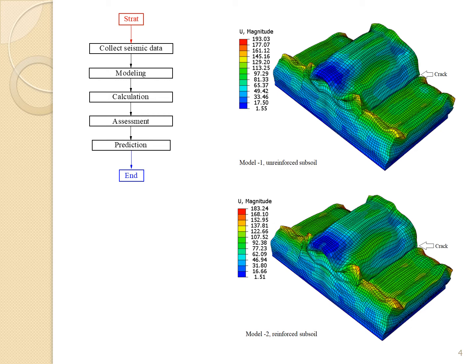And the second thing I got from this numerical simulation is the crack expansion. The crack expansion in unreinforced subsoil is bigger compared to the crack expansion in reinforced subsoil. Using reinforcing and geogrid is controlling the crack.